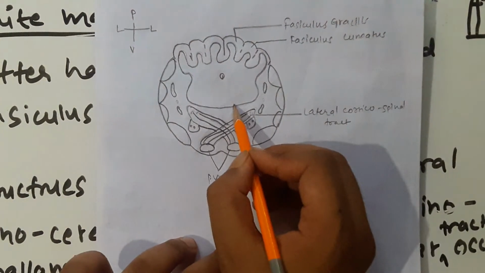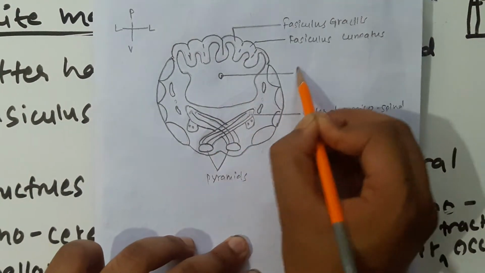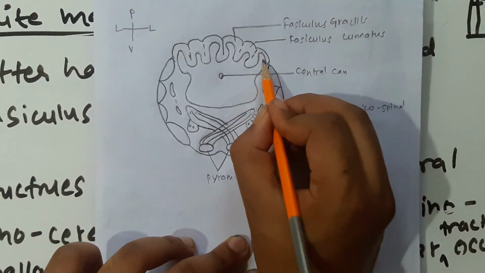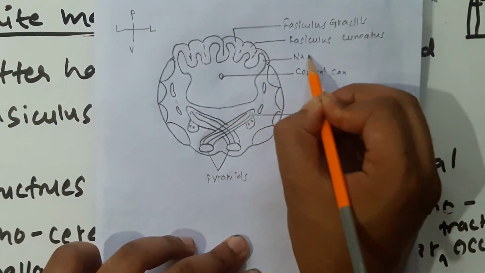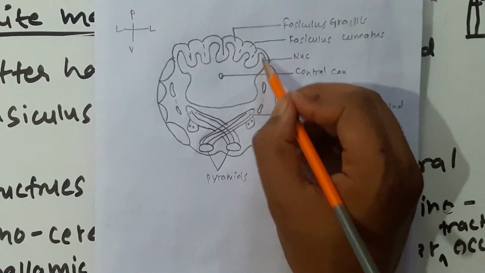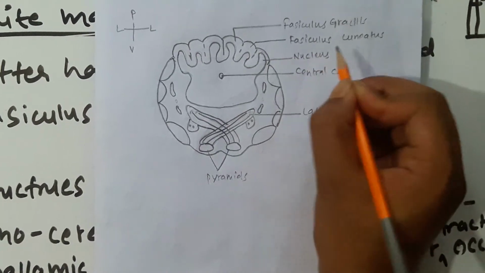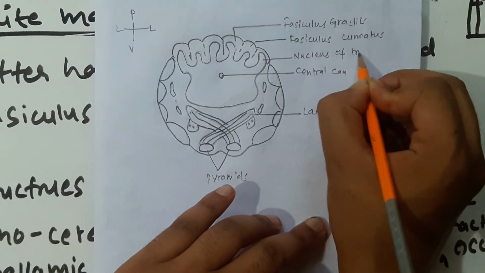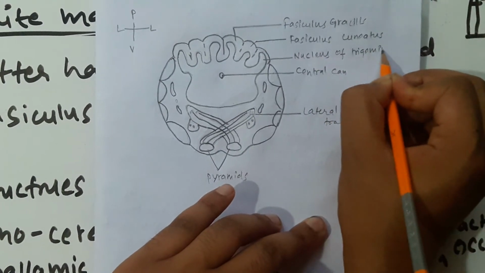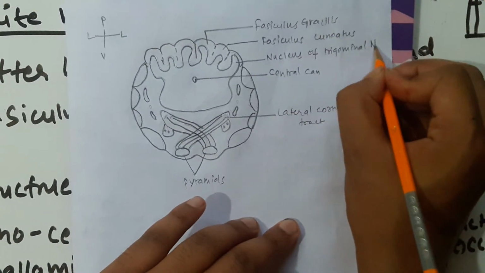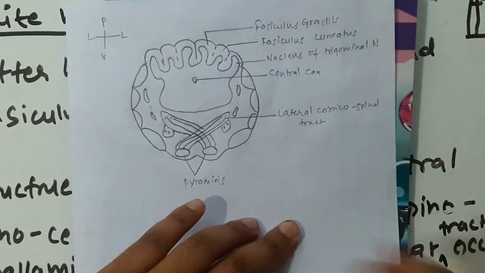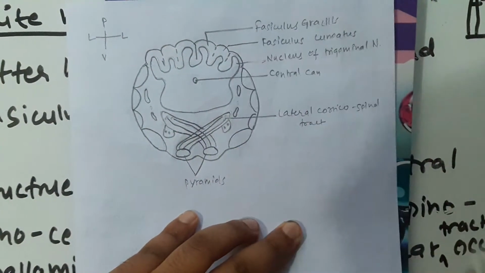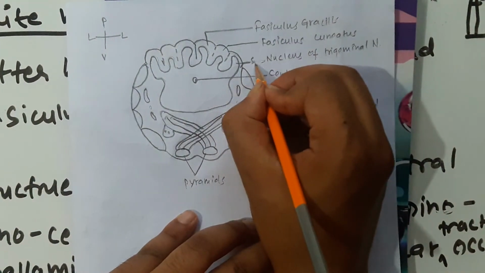This is the central gray matter with the central canal. This is the nucleus of the trigeminal. The posterior horn is getting modified into the nucleus of the trigeminal nerve. So this is the spinal nucleus. I missed it over here. This is the spinal nucleus of the trigeminal nerve.